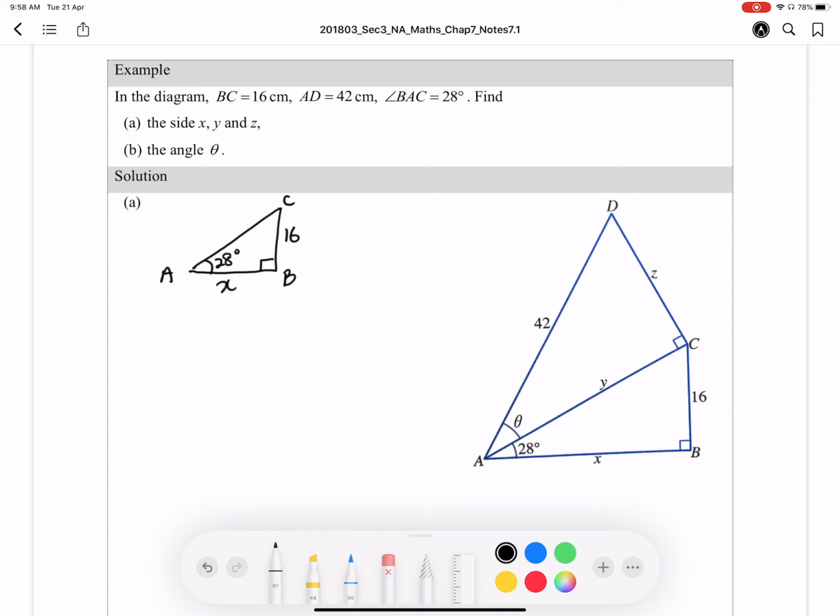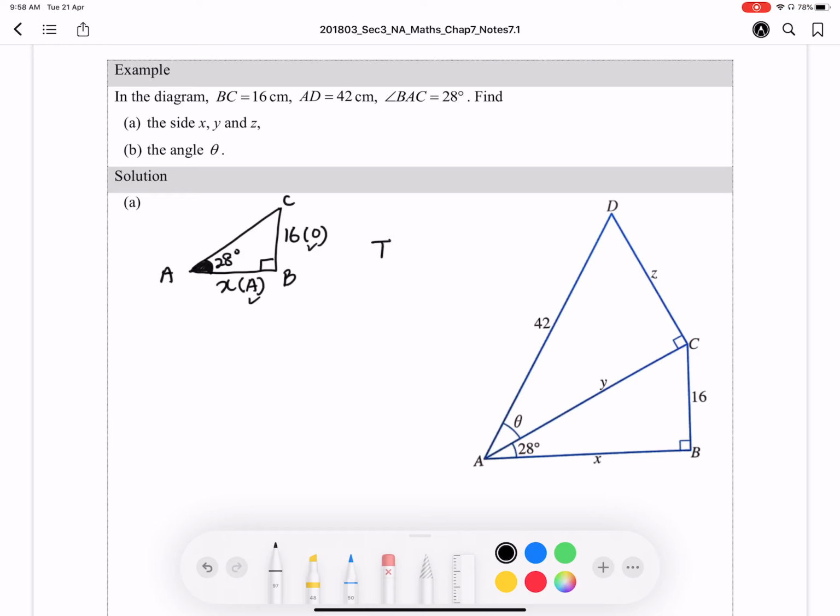So we are going to focus on this triangle to find X. You notice that from the 28 degrees that we have here, 16 will be the opposite and X will be the adjacent. So O and A, we can use tangent.